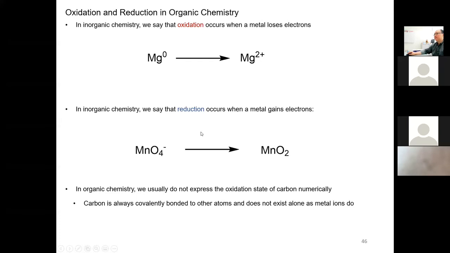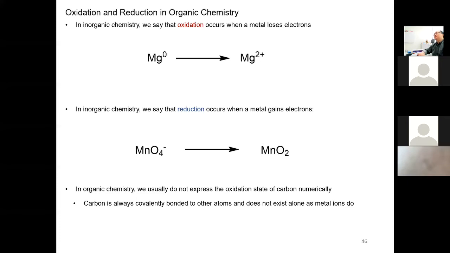So we say it's a reduction. But in organic chemistry, we usually do not express the oxidation state of carbon numerically. What does that mean? We don't say, oh, this carbon is +4, this carbon is 0.